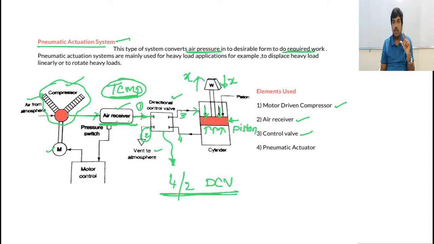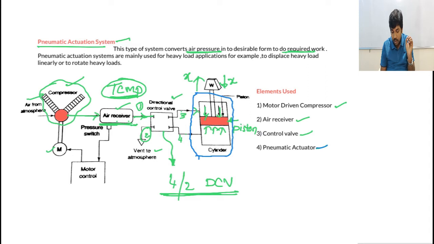And again, these control valves can do their function in two ways. Either we can program the control valve, with the help of a program we can run it, or else we can control it manually. Now the last one is the pneumatic actuator. Now see here, as I said, even in this particular case, whatever we have here, this blue colored part, completely it is called the pneumatic actuator.